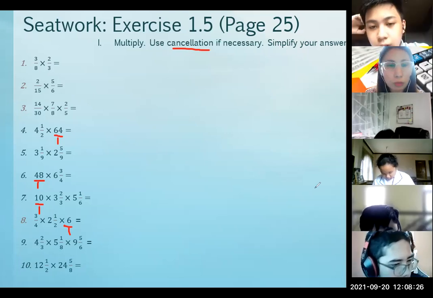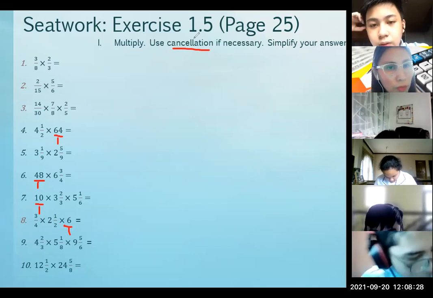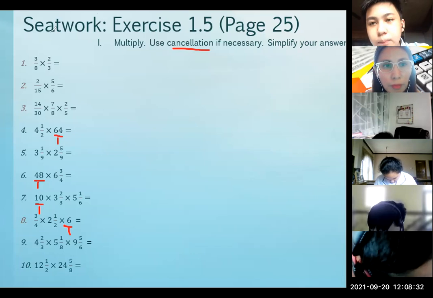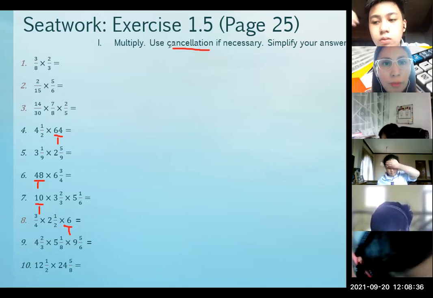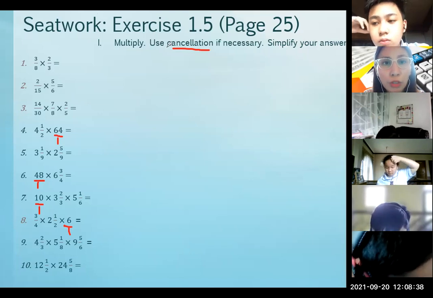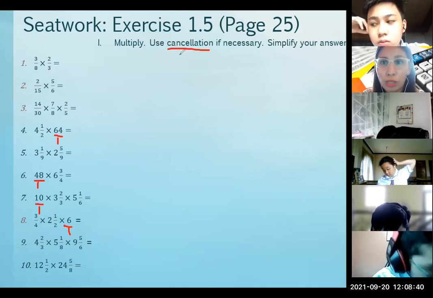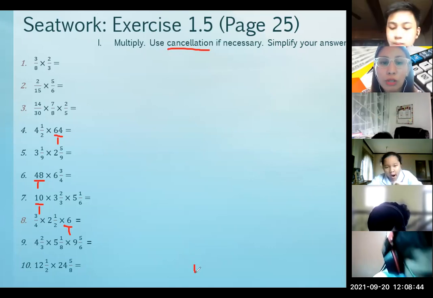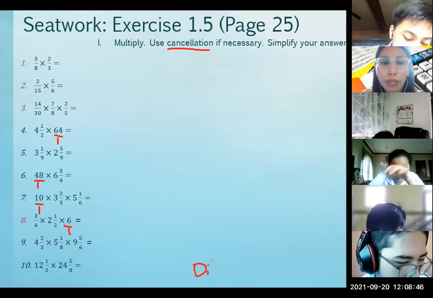So do we have to invert po, multiplicative inverse, in multiplication? Yeah, in multiplication, no need to invert fractions. That is only in division. In division lang yung ini-invert.